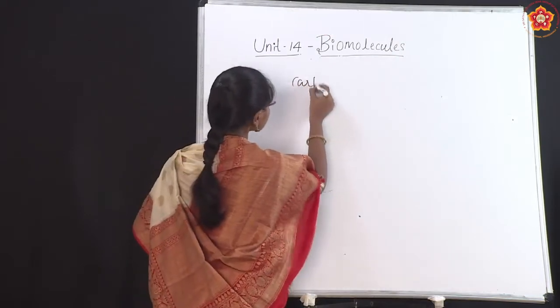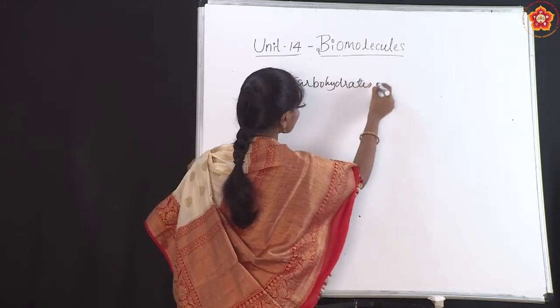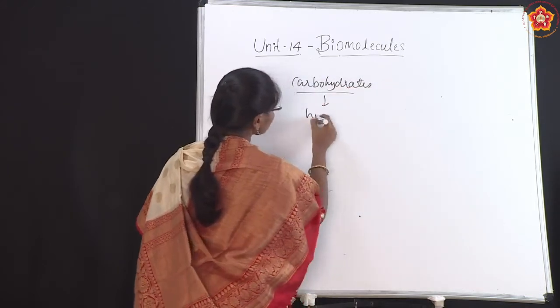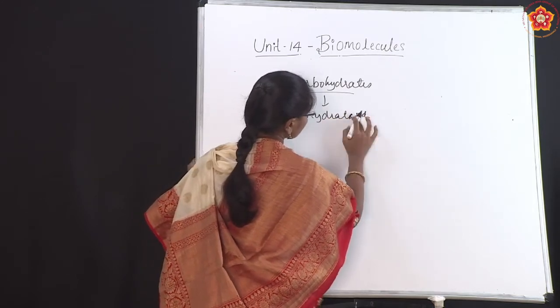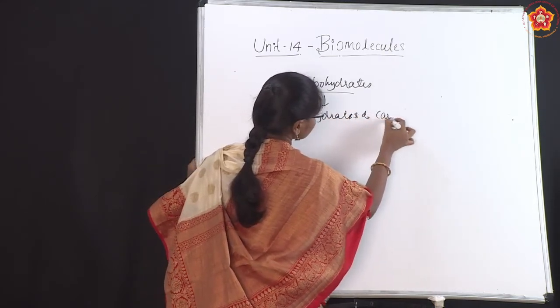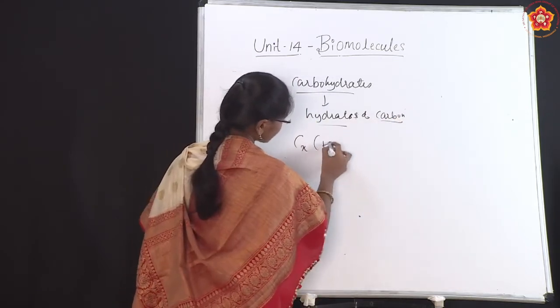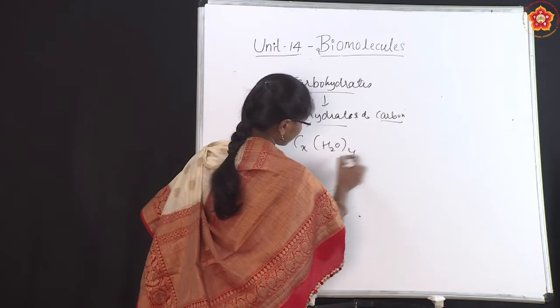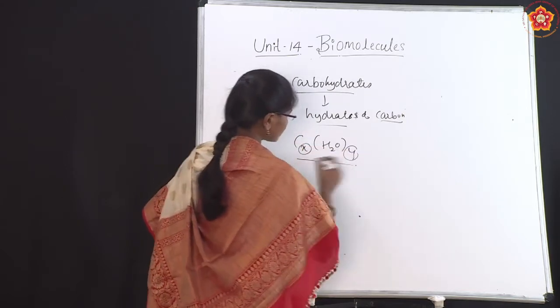So we will first study carbohydrates. Carbohydrates means the hydrates of carbon. The general formula is CxH2Oy, where x and y are the numbers of atoms.